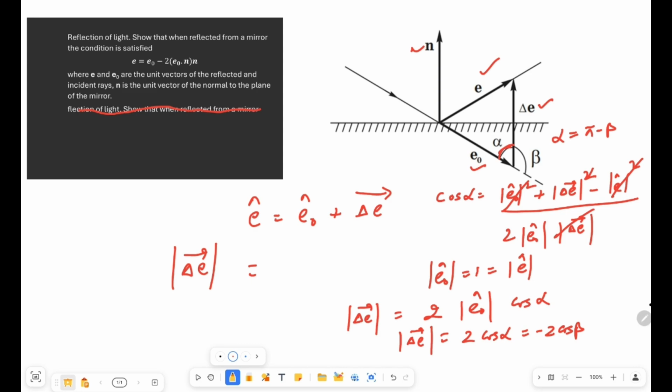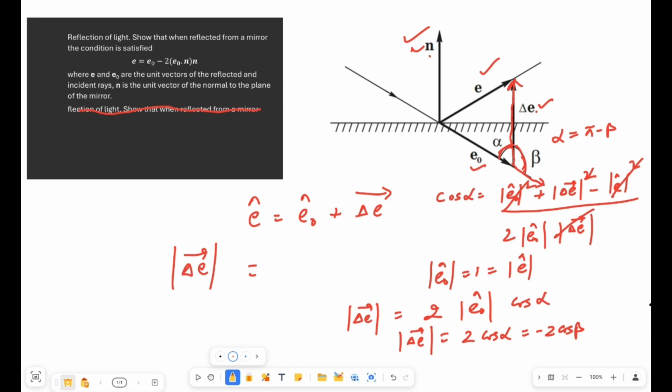Why should I take cos beta? Because you can see here beta is the angle between this delta E vector and the E naught vector, and delta E vector is parallel to the normal vector, so directions of delta E vector and n vector are the same.